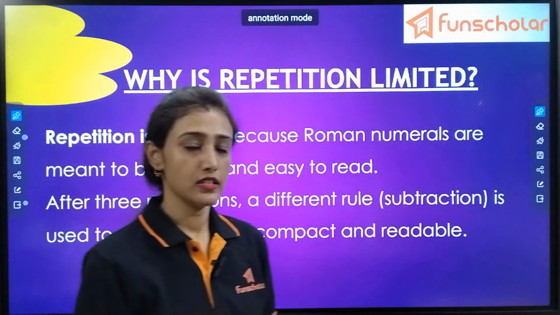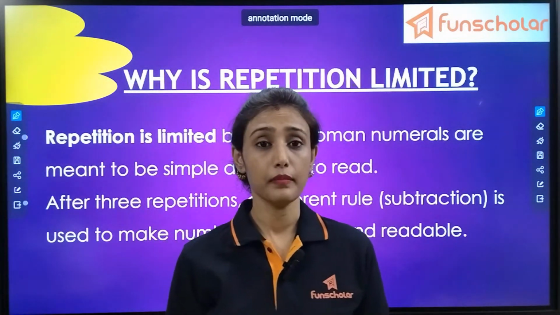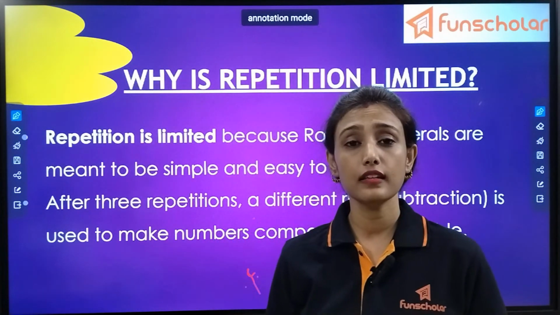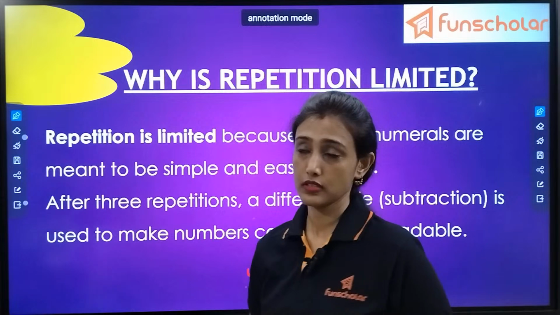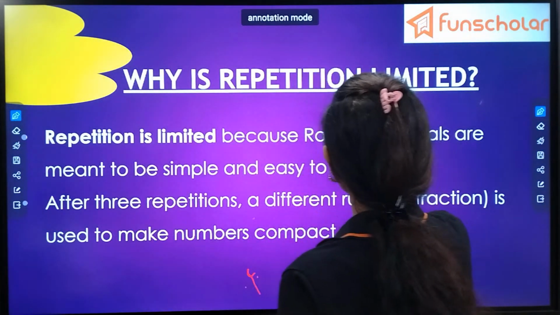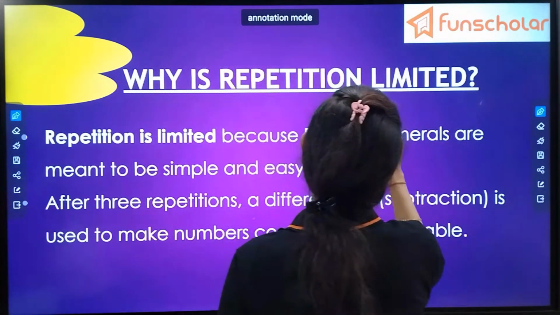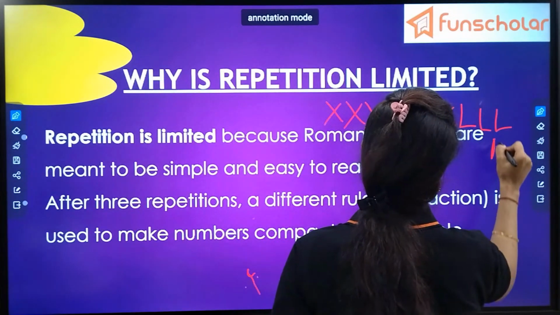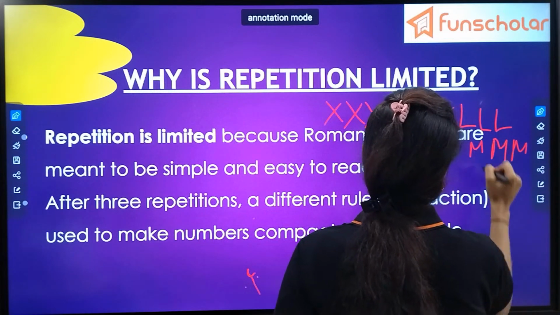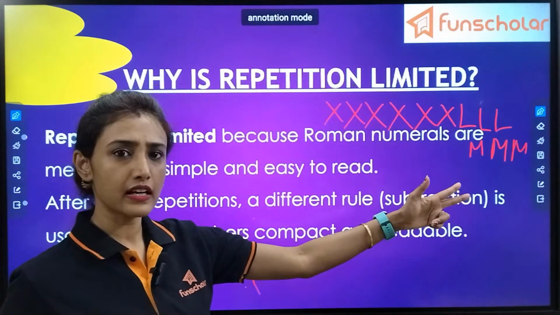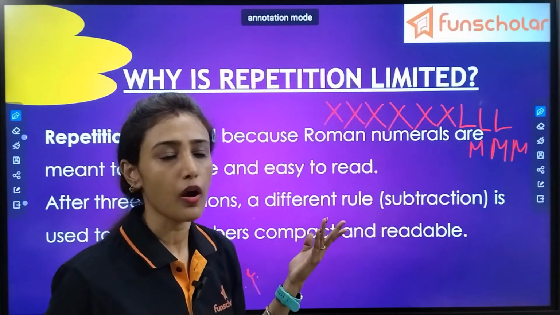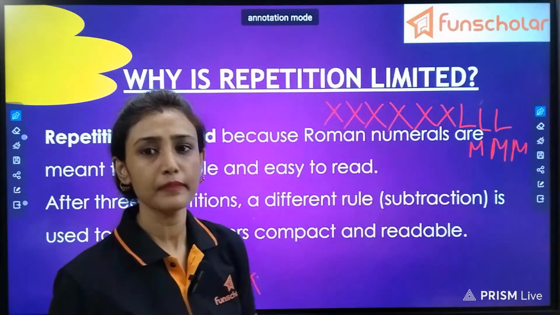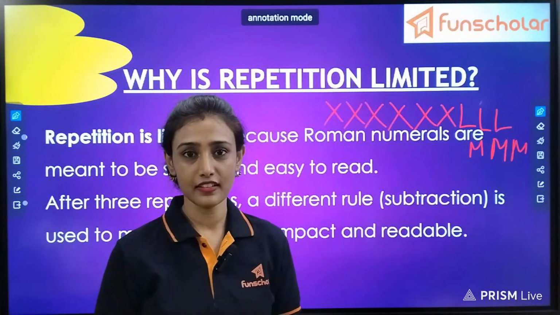Now the question is, why is there a limitation in the Roman numbers? See, if you write XXXXXXXX, LLLL, MMMM, don't you think it's very difficult to decode? If you just go to the shop and say XXXXXXXX, LLLLLL, MMMM, do you think anyone can understand?